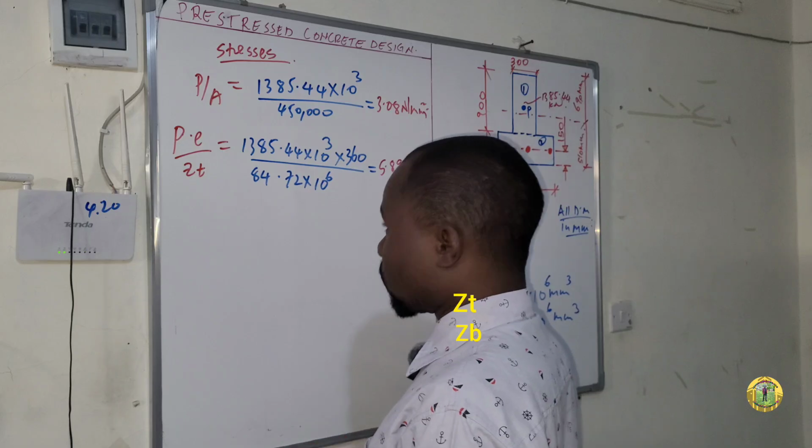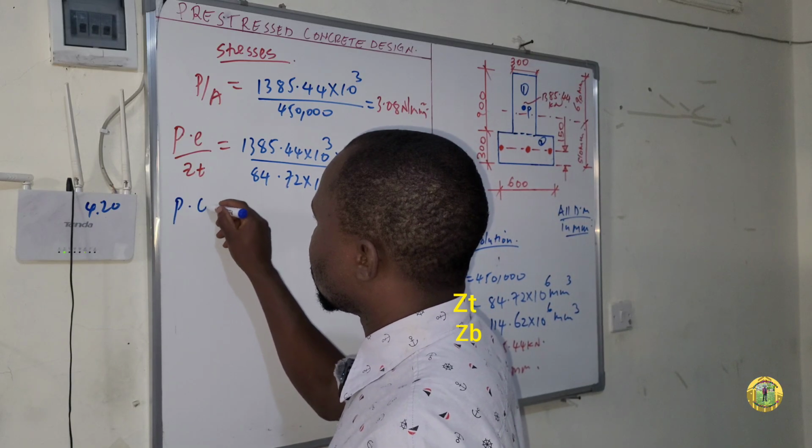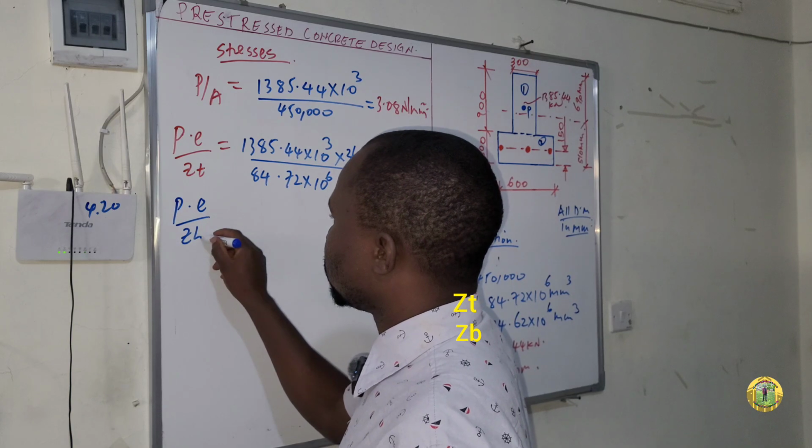5.89 Newton per millimeter square. And then we proceed to PE over Z bottom.